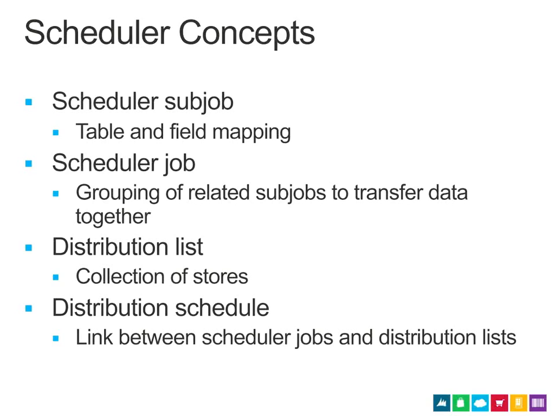Then the scheduler job is really a grouping of all the subjobs, or all the tables, if you will, that should be transferred all at once. So if you want to send all the items down there, then here are the 16 tables that you need for an item to be functional in POS, and you want to send those all at once.